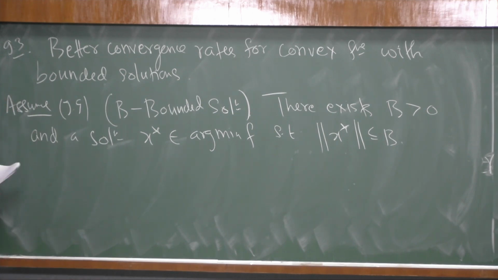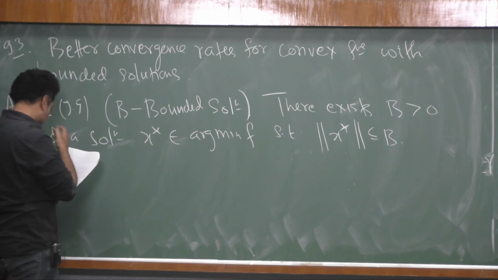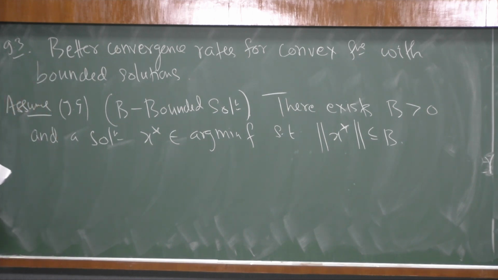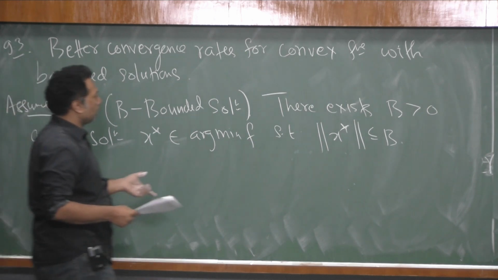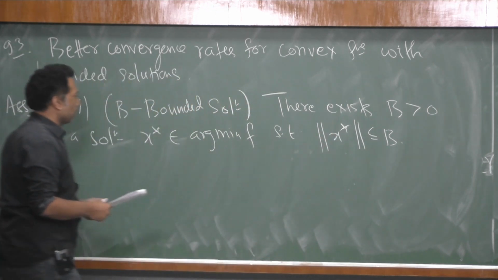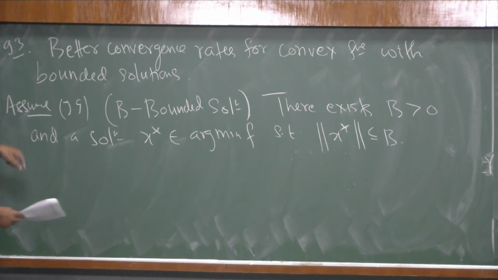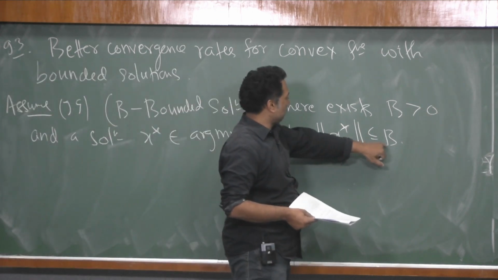So what could be the consequence of this, right? If the solutions I'm looking for are bounded, then I will make sure that the iterates I generate also satisfy this. Okay, so basically I will make them project in a ball of radius B.